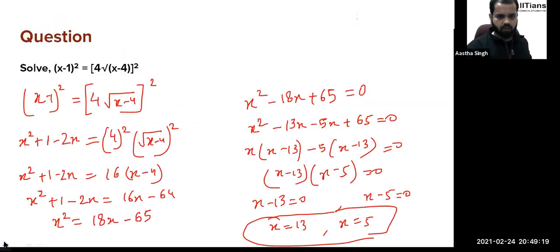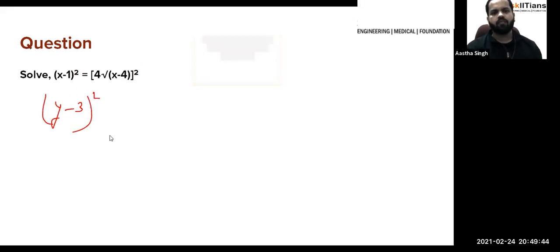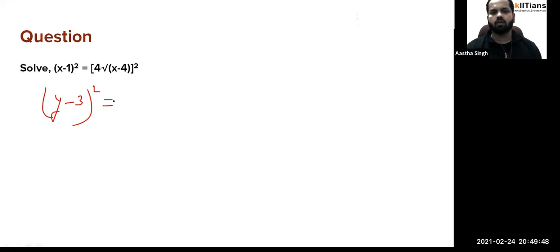Let me just give you another question, right? If y minus 3 whole square, a question is given. Suppose y minus 3 whole square will be equal to 25.